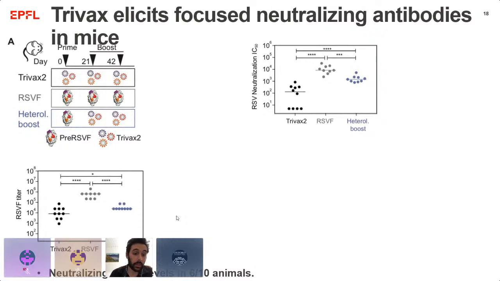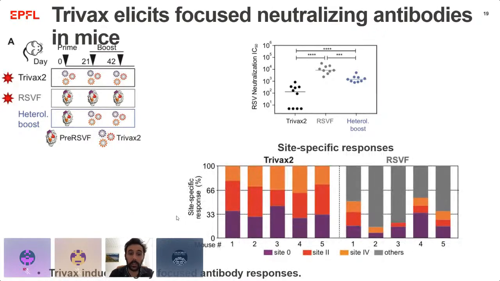Another thing that is also very important to notice is that this neutralization activity is 2 orders of magnitude lower than what you obtain with the viral protein. And of course, I'm happy to discuss this in the question session. Next slide.